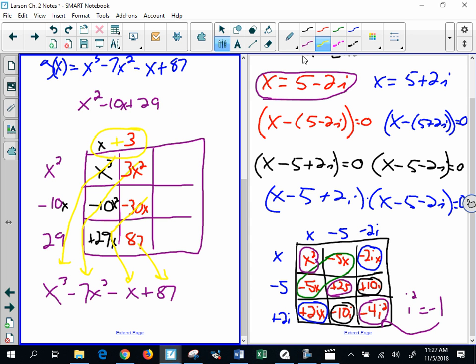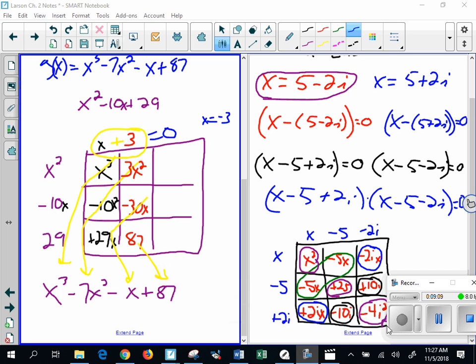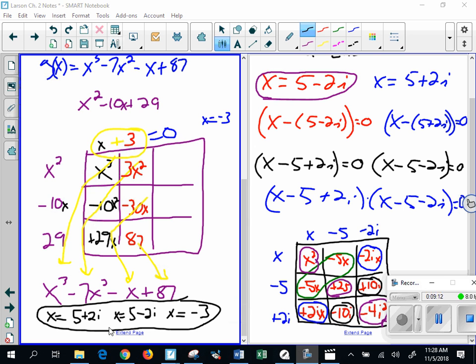In which case, my last zero should be x equals negative 3. So I don't know if you want me to write the whole deal out, but yeah, I can do a little copy paste and get that down here on the bottom. So your final answer should be 5 plus 2i, 5 minus 2i, and negative 3.